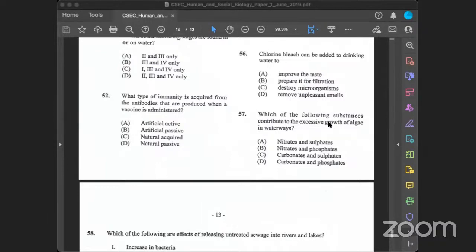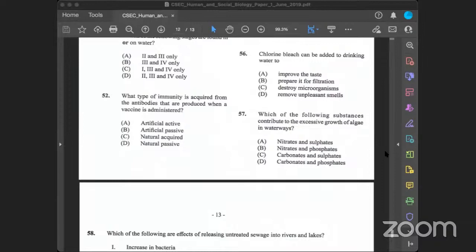So they're asking about eutrophication. What do you think? Nitrates and phosphates, the things inside your fertilizers. So the fertilizers lead to eutrophication. So your answer there is B.